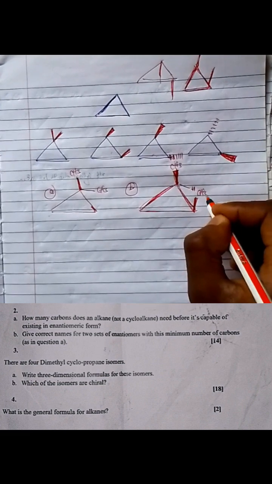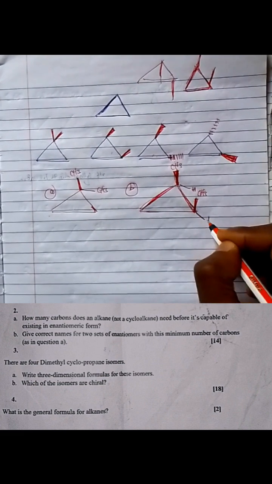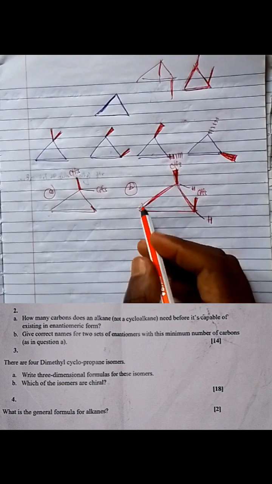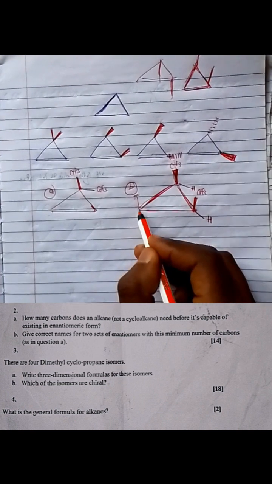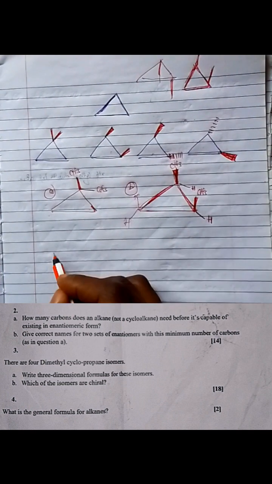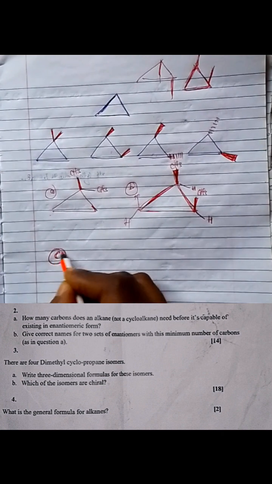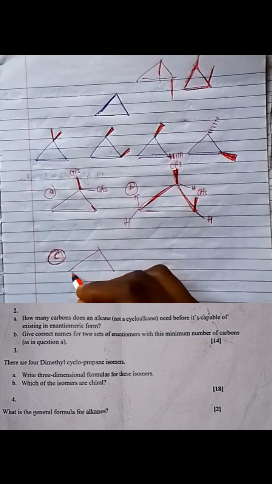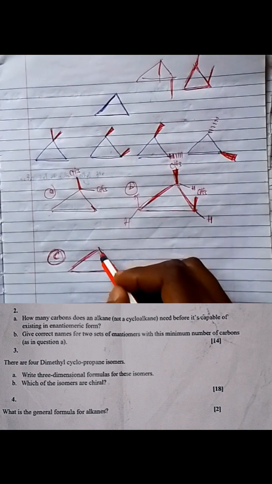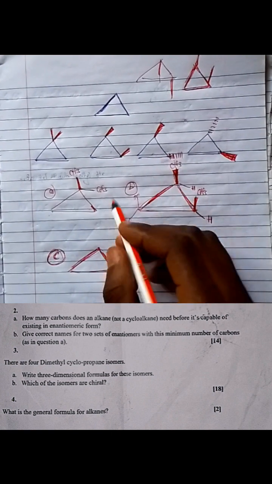And then here you have the same situation. So that's our methyl group, and then there you have your hydrogen. If you wanted to, you could show these hydrogens there. And then C. When we look at C, how does C look?